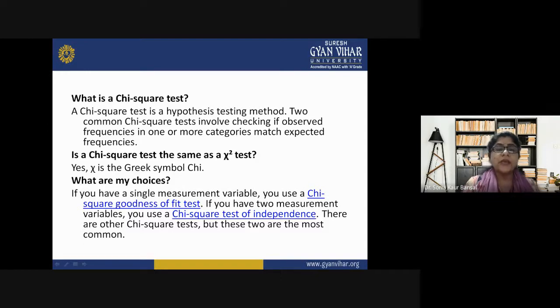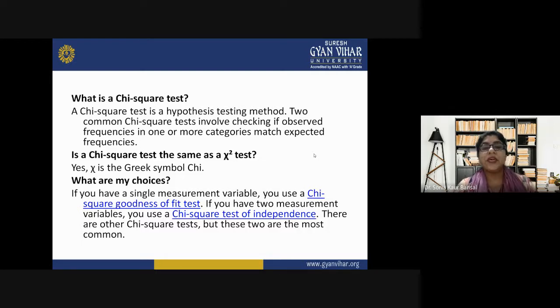The chi-square test, written with x, this x is the Greek symbol chi. This is called chi. What are my choices then? The correct answer would be: if you have a single measurement variable, you can use the chi-square test of goodness of fit.